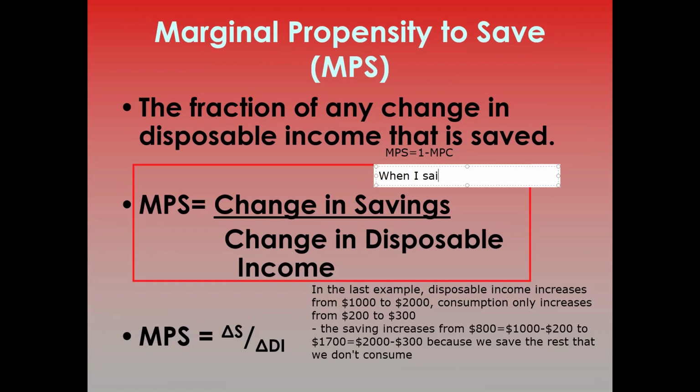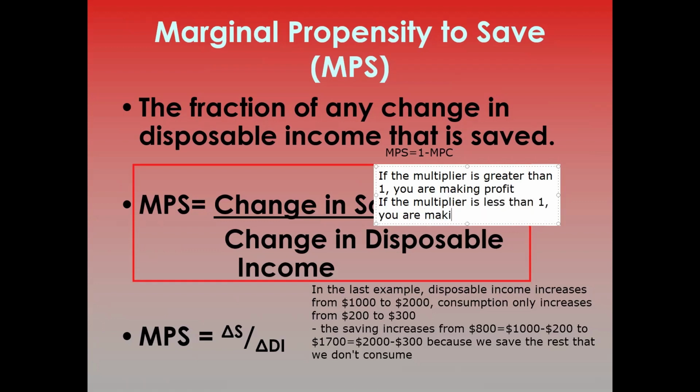When I said that if the multiplier is greater than 1, you're making profit, and if the multiplier is less than 1, you are making a loss, I should have clarified that those multipliers are investment multipliers.